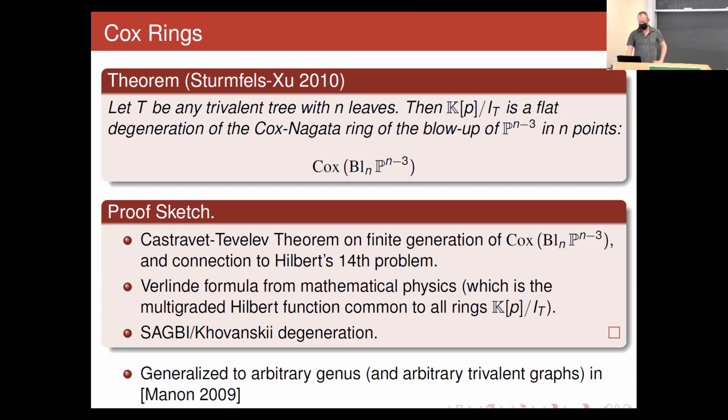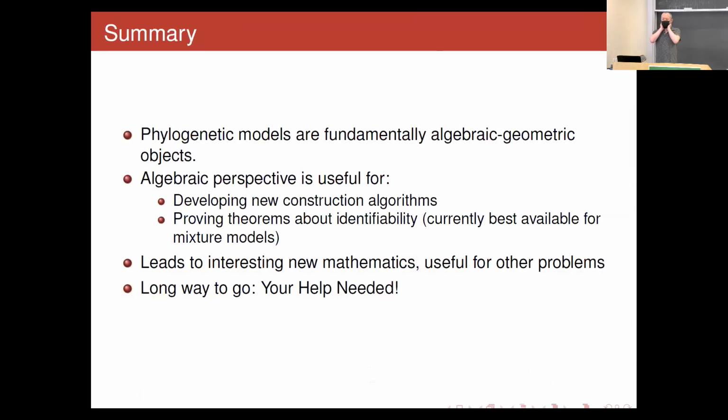Okay, so let me just summarize what I tried to tell you in this talk. Phylogenetic models, which are statistical models used in mathematical biology, have a fundamental algebraic geometric structure because they are parameterized by polynomial maps.